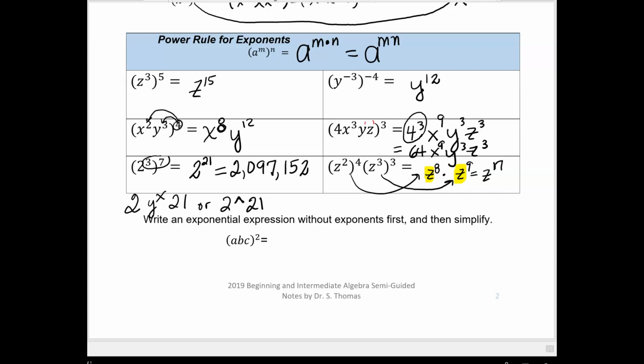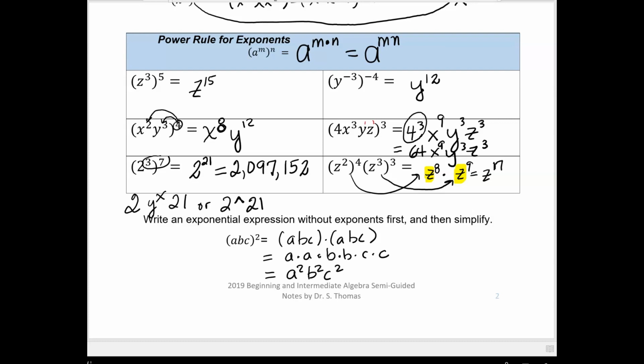First, let's look at this example, a, b, c, all of that squared, which if you wrote it all out would mean a, b, c times another a, b, c, correct? Because we're squaring it. Now, of course, if you wanted to group the same bases together, you could rewrite it as a times a, b times b, times c times c, which is a squared, b squared, c squared.